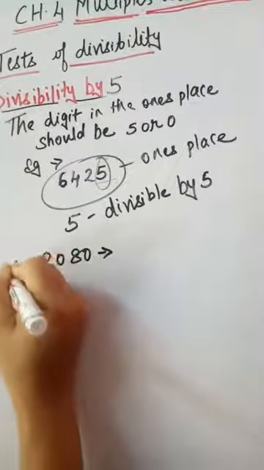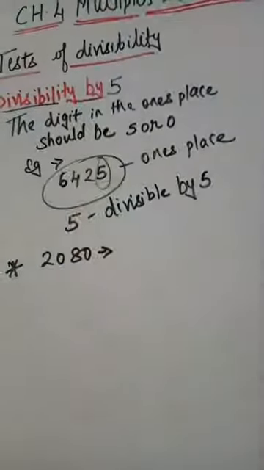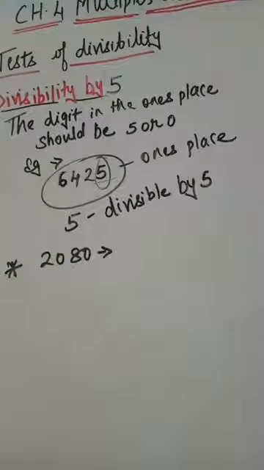2080. Second example: 2080. What are you going to check in this? Find whether the given number is divisible by 5 or not. See my question. Since I am asking only about 5, you are going to see the ones place. Now what is given in the ones place?